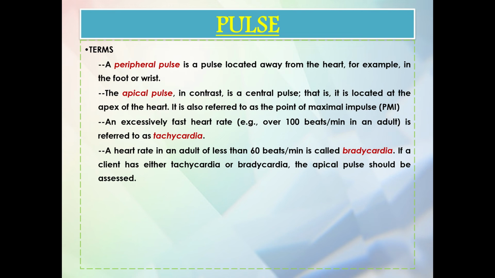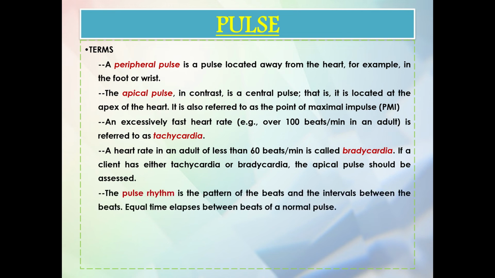So if a client has either tachycardia or bradycardia, the apical pulse should be assessed para mas ma-ensure natin na tama or accurate yung nakukuha nating heart rate or pulse rate of the patient. So mas nagre-refer tayo sa central pulse para mas accurate yung nakukuha natin. Especially if again, bradycardic or tachycardic yung ating nakukuha sa ating pasyente.